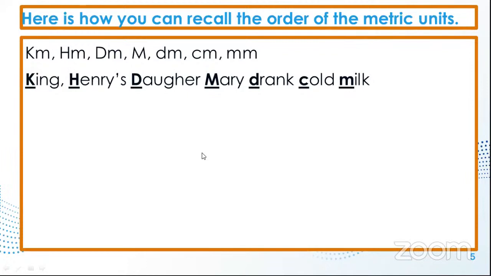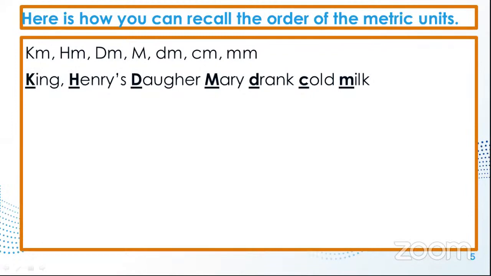Very good. But I'm hearing Gideon, Tugume, Elton saying it, yet I had given opportunity to all of you to say, but that is okay. Let me again hear from others. Yes. Can you say how we can recall this? King Henry's daughter Mary drank cold milk. Very good.